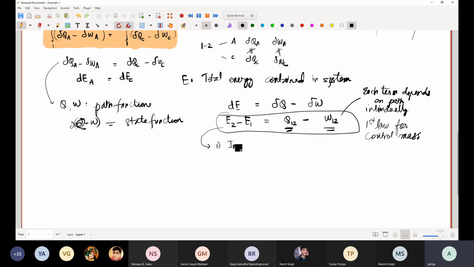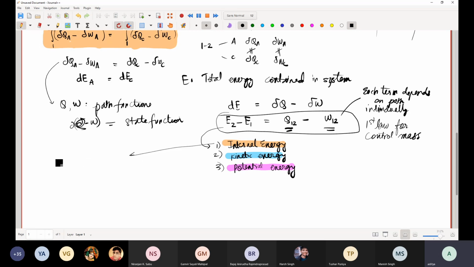First is the internal energy. Second is kinetic energy. The third one is the potential energy. Let us discuss each of these three terms: internal energy, kinetic energy, and potential energy.